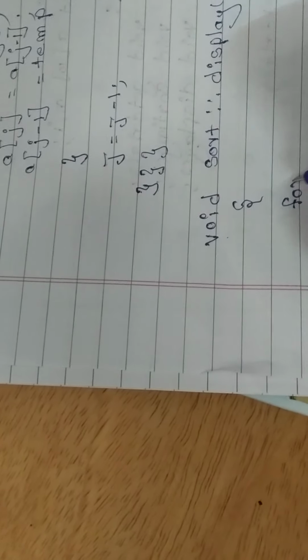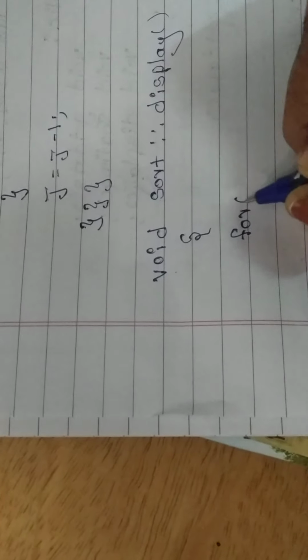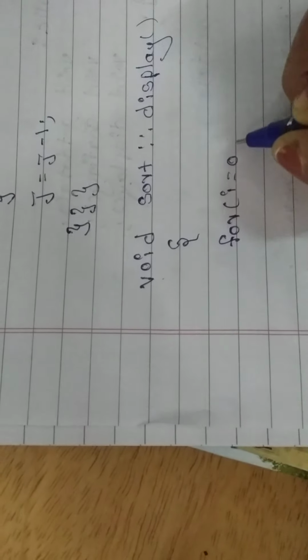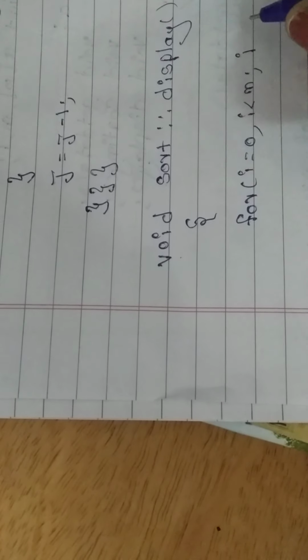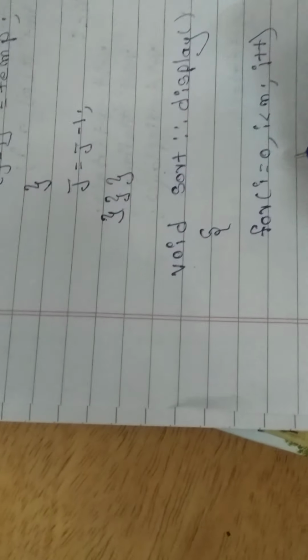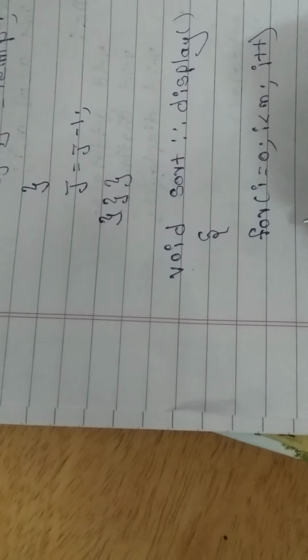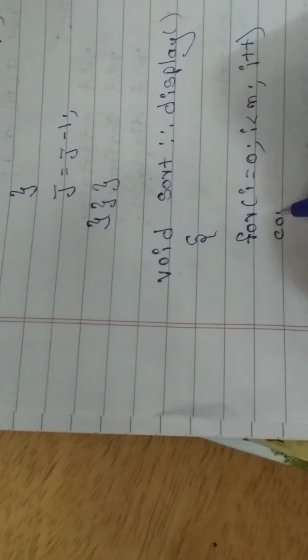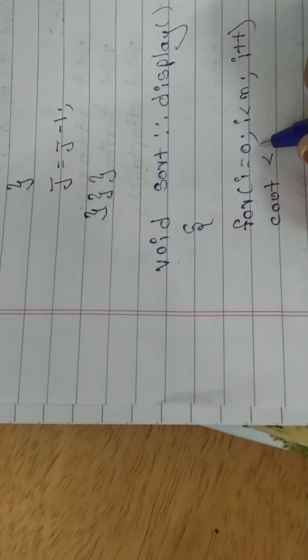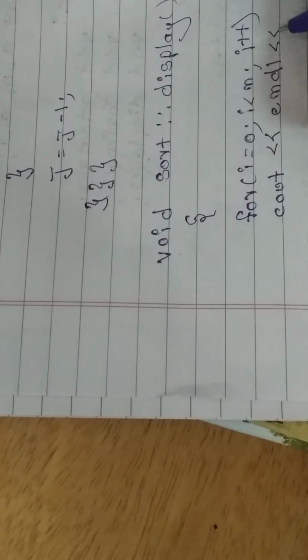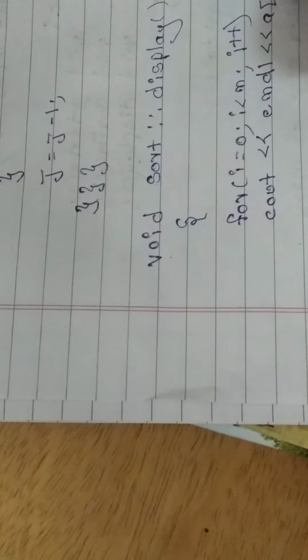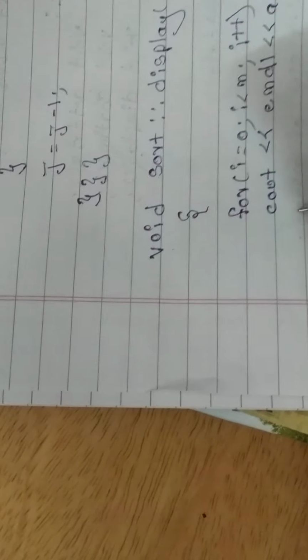For i is equal to 0, i is less than n, i plus plus. We are just displaying them. In these locations we are just telling cout, endl also you can use, endl a of i. By this we ended all the three functions.